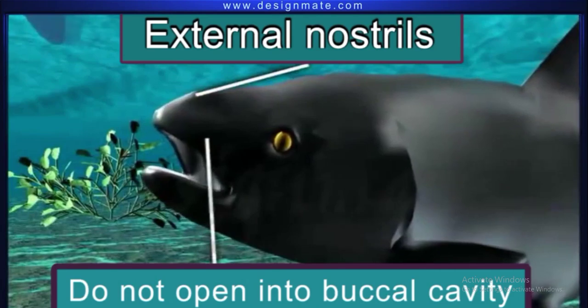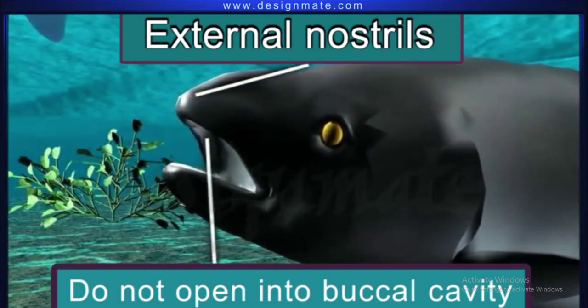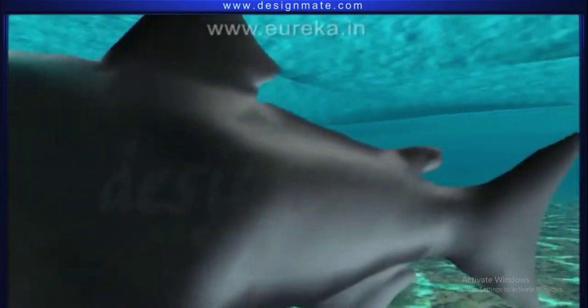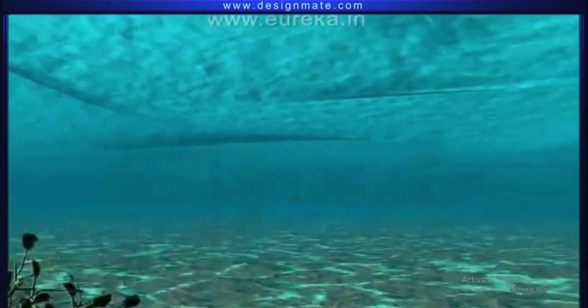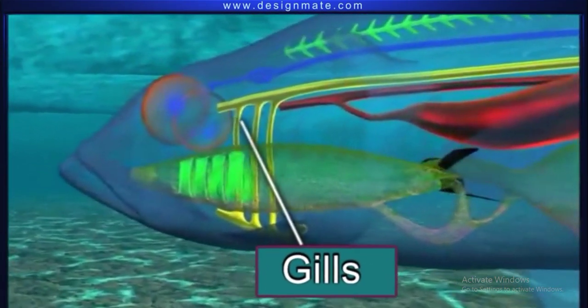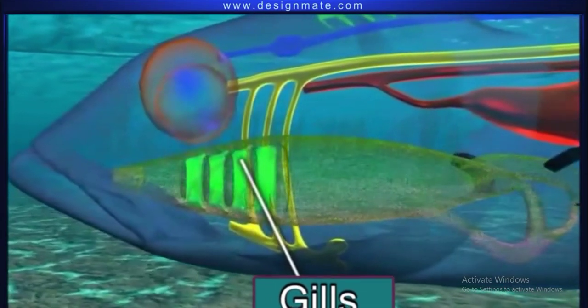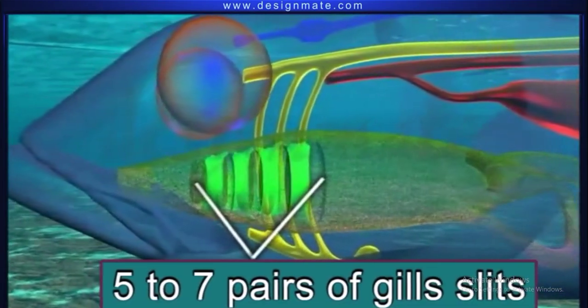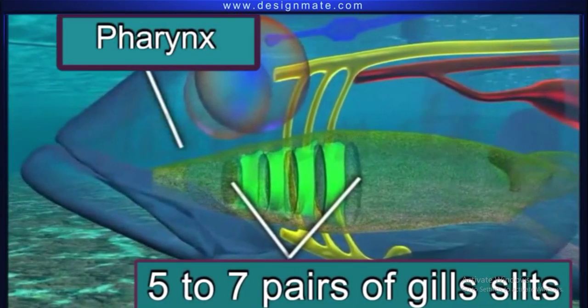External nostrils do not open into a buccal cavity. The gills persist throughout their life and possess 5 to 7 pairs of gill slits in the lateral wall of the pharynx.